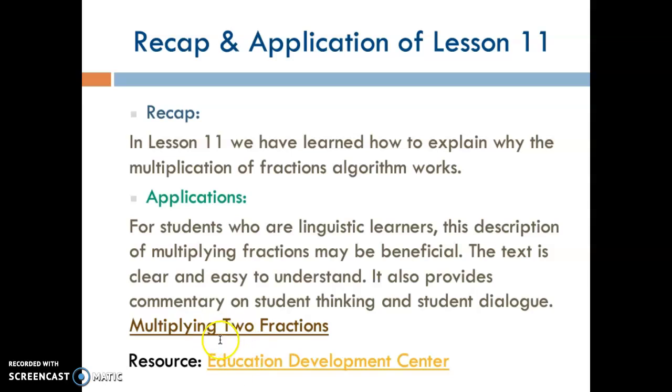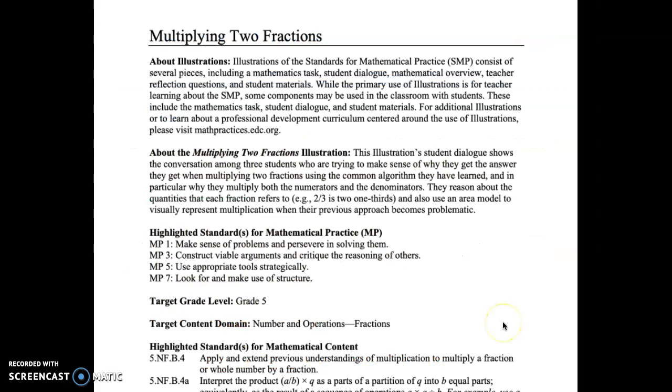So let's take a look at the multiplying two fractions site. It actually is an article, and then we'll take a look at the Education Development Center. So multiplying two fractions. The illustrations below, and I'm just going to scroll through some. And again, this is hyperlinked in lesson 11 in the final submodule. It's also included in these slides.